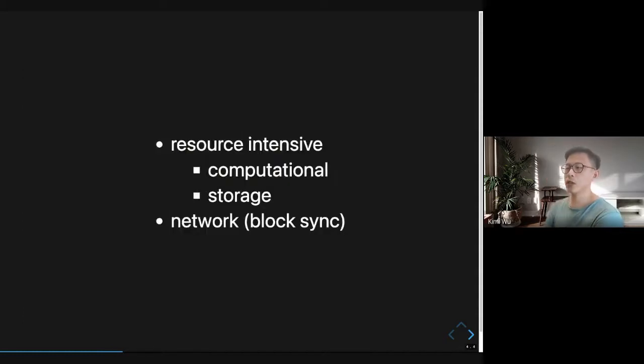And you can imagine this design will be very resource intensive, both computationally and in storage. You need very good computing power to process these transactions, and you also need larger storage to store them, because the block is so huge now.